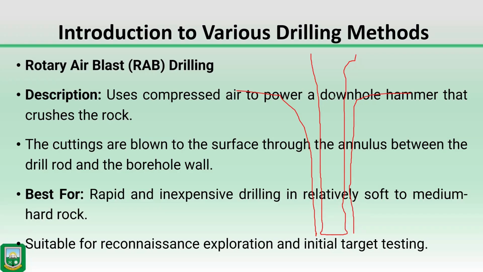Okay, and the compressed air passes through the drill rod, gets through the drill bit, and reaches the bottom of the drill hole. When it gets to the bottom of the drill hole, by the pressure at which it is moving, it forces the cuttings which have been made inside the borehole to push up out of the drill hole.